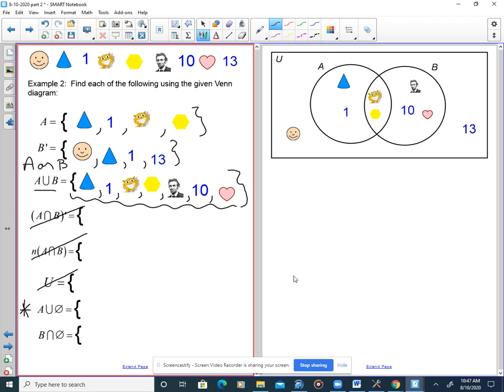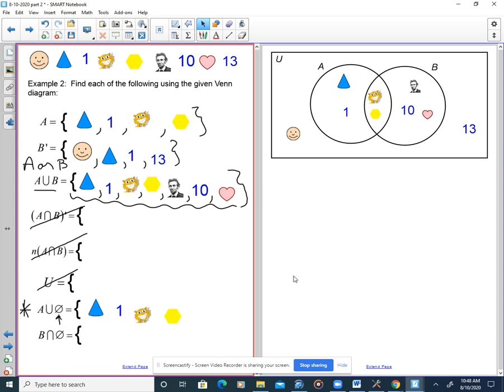A union with the empty set. Again, this is another way you can represent empty set. A circle with a slash through it. So A union empty set. Well, that's going to be everything in A. So again, we did A. So it'll be the cone, the one, the cat, and the hexagon.